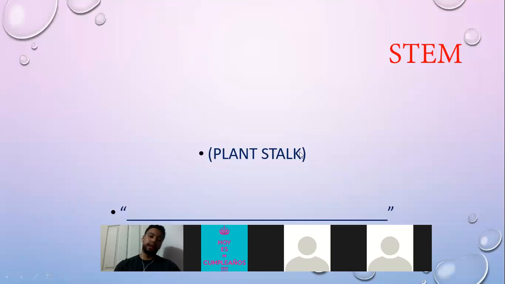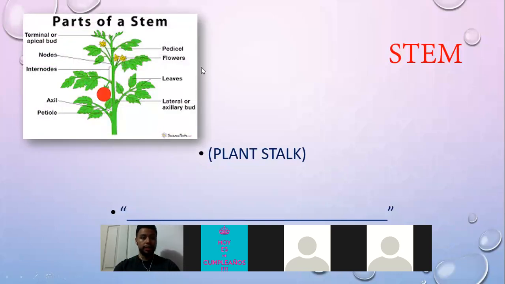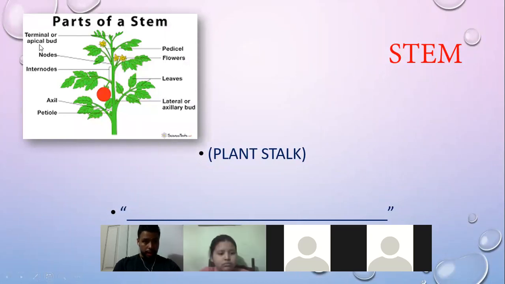Okay, plant stalk. Stem. I will give you the idea with the illustration. These are parts of the stem. We have a terminal or apical bud, we have nodes, etc. So this is part of the stem, but we are not in science class, because Miss Claudia is an expert about this.